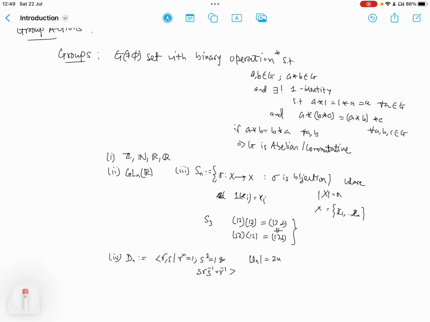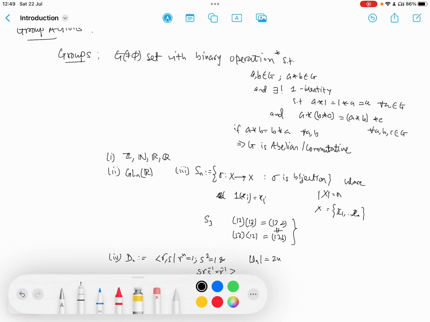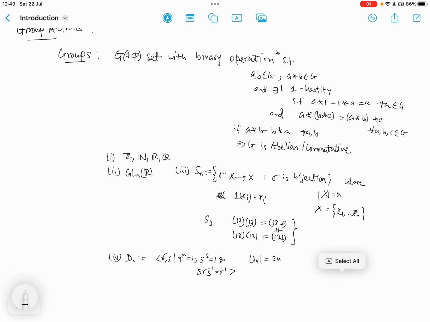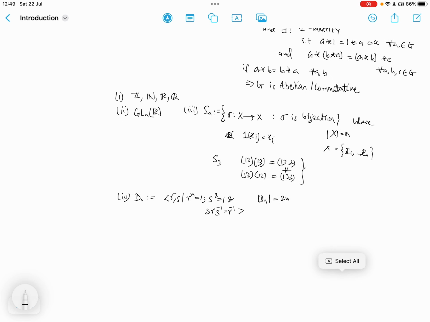And what does this group actually mean? You can visualize the group Sn, right? But what is this? If you take, say, n equal to 4, then consider this square, and label it 1, 2, 3, 4 in the anti-clockwise direction.